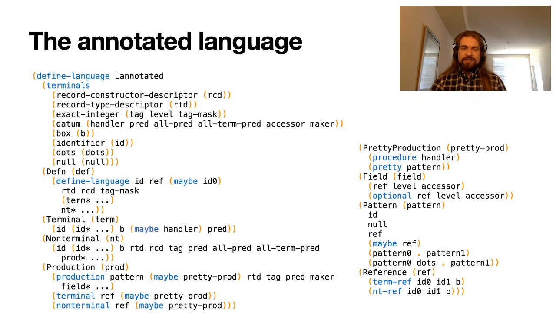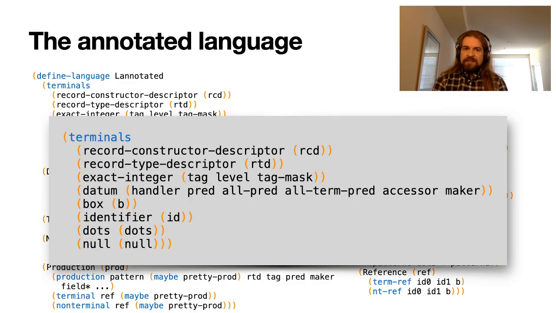We also have the annotated language. I know it looks more complicated, but in general, I think it's actually easier to work with, partially because of the ordered lists and because we've simplified terminals and non-terminals in a couple of ways that I'll talk about here. So our terminal list grew a bit.